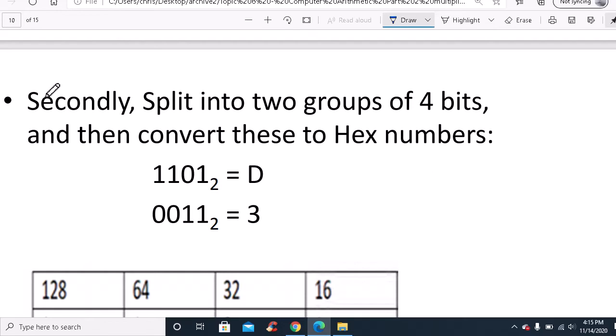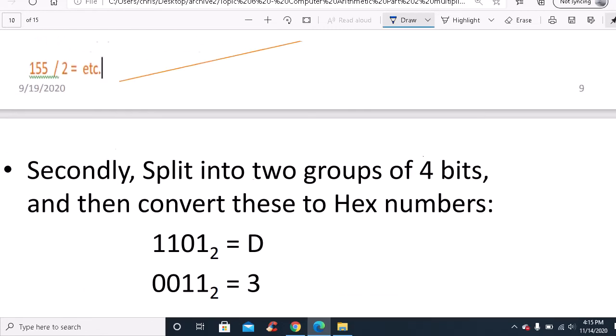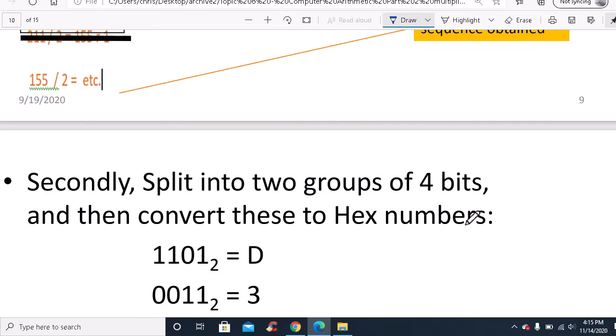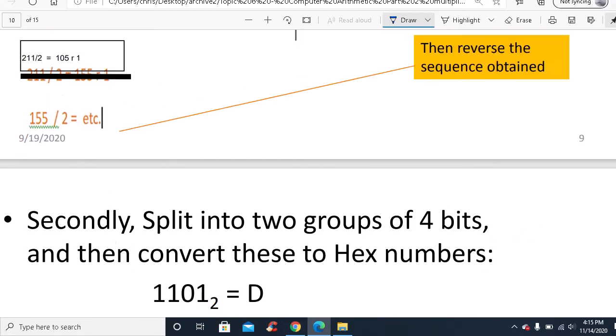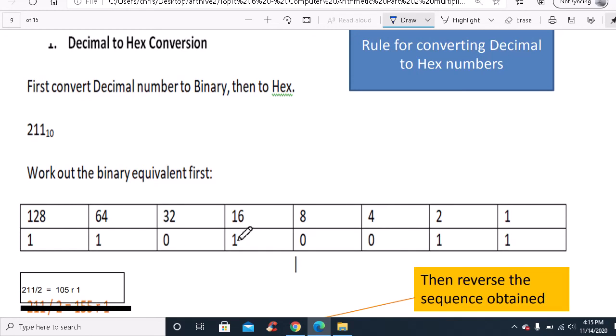And as a second step, you split the resulting sequence of binary digits into 2 groups of 4 bits. And then you convert these 2 groups into hexadecimal numbers. So if you remember, we had 1101 and 0011.